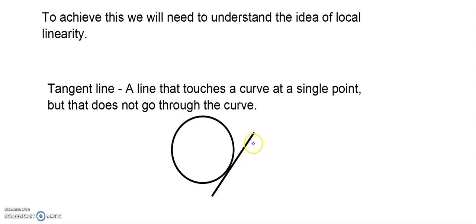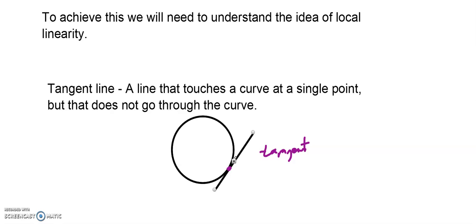This was called a tangent line. As you can see, the tangent line is just touching the curve at one point, not multiple points. If this line goes through, then this is no longer a tangent. The line cannot go through the curve. It has to just touch it at one point and then keep on going on the outside.